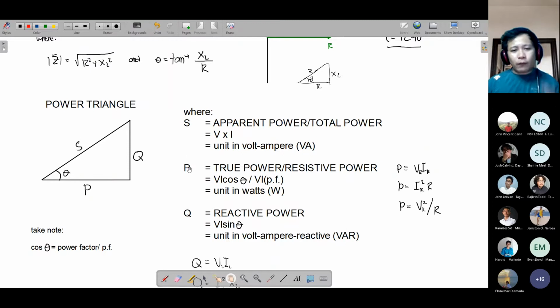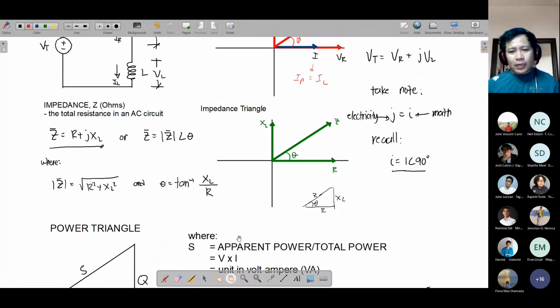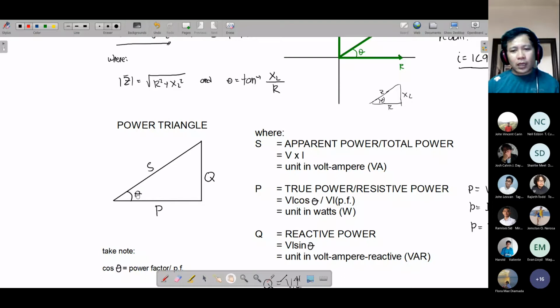Now, you can solve for P using the formula VI cosine of the angle theta, wherein that angle theta is the angle in your power triangle. It can also be the angle theta in your impedance triangle. This angle theta is the same as your angle theta here.